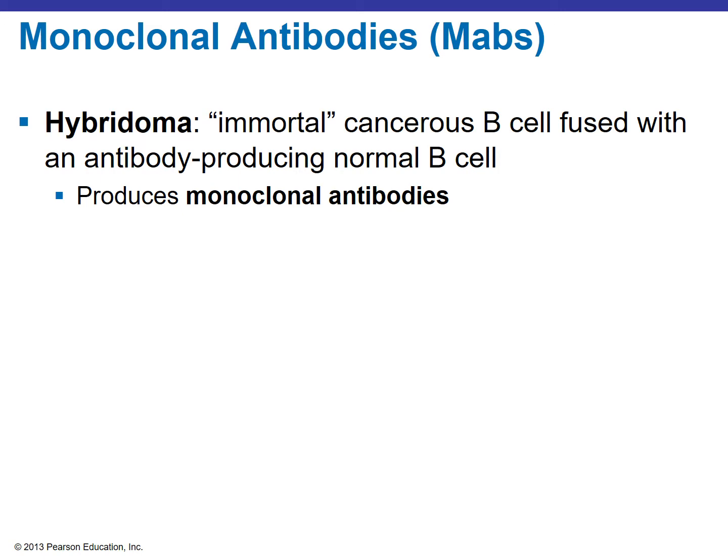All right, so for a lot of those lab tests that you did, you needed monoclonal antibodies. We talked about how B cells, as part of your acquired immunity, produce antibodies, and they only produce one type of antibody.